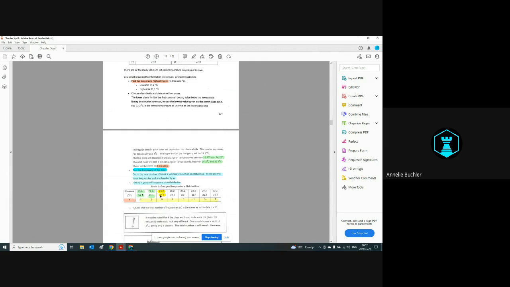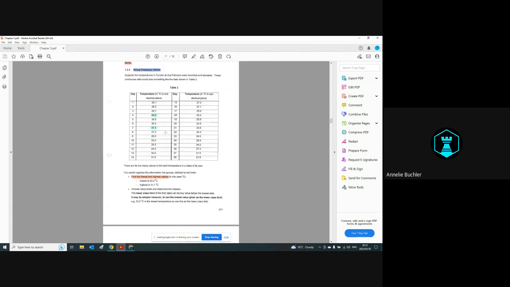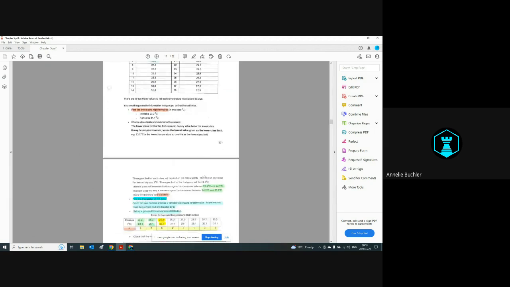This is now your different temperatures, okay? So here you have your different temperatures. You're going to count them and put them in different classes. And then you have 8 different classes with your temperatures, okay?